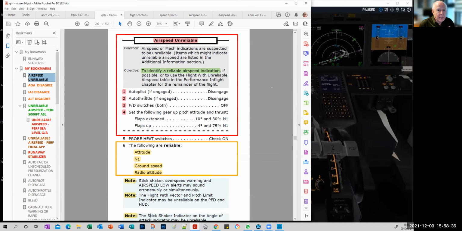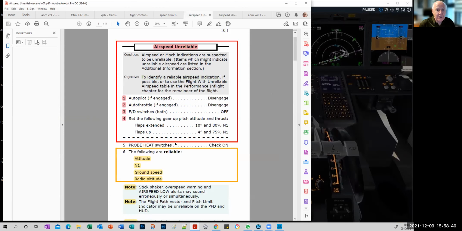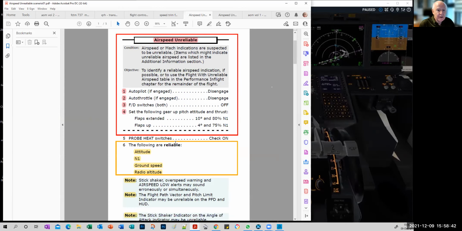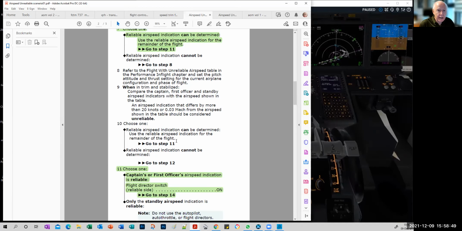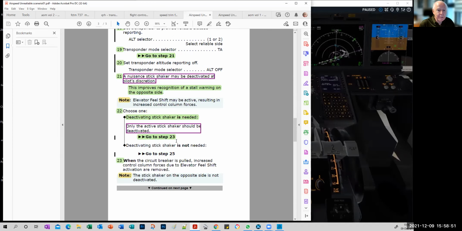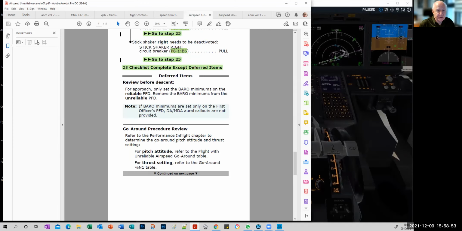We're going to do airspeed unreliable, and we're going to break it down into different scenarios, including a scenario that I've got up on screen. We'll talk about it later, and it is probably the more favorable of all scenarios.